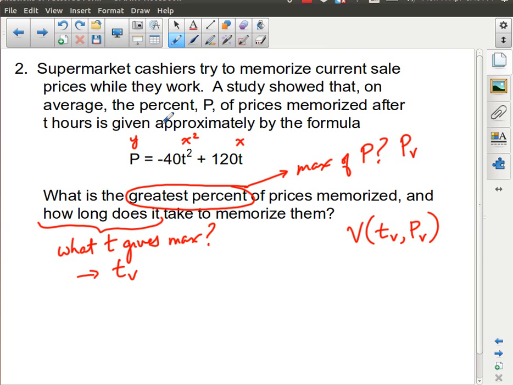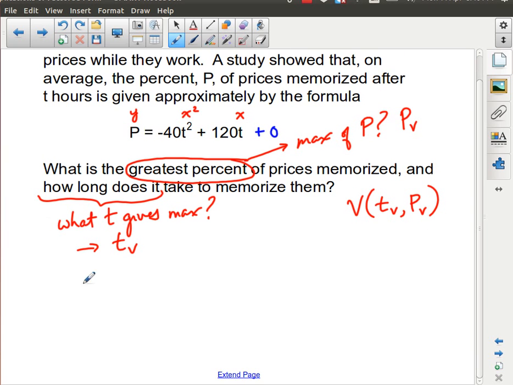We have an equation here, but this equation is in standard form. There's no constant on the end here. That just means there's the constant of 0. But we want factored form. So let's just copy down the equation here. P equals negative 40 t squared plus 120 t.